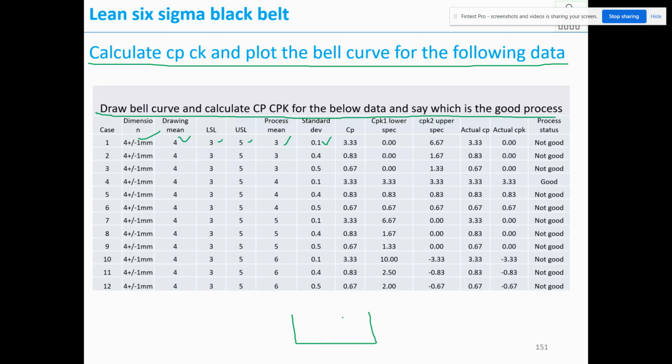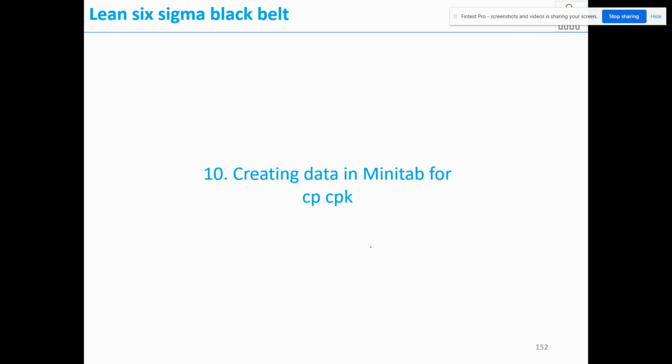That means this is a standard graph. For each example, say this is 3, this is 5, this is 4, drawing mean. So you plot the bell curve for each example so that you will understand, when the values of CP-CPK are this much, what the process variation will be in graphical terms. Okay. Now next we'll be seeing how we can create data in Minitab and calculate CP-CPK with an example.